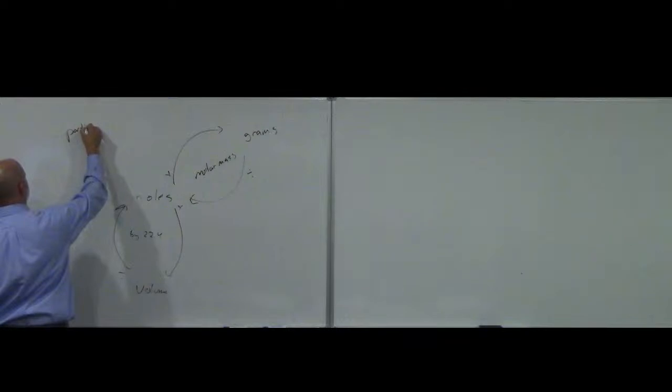And my last one? Particles. Actually, let me do that one a better way. Okay, multiply or divide by 6.02 times 10 to the 23rd. Yes. It's Avogadro's number. It's the number of particles in 1 mole.